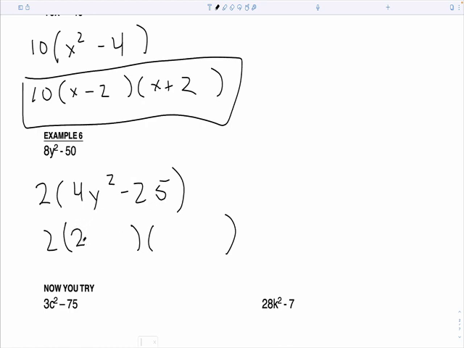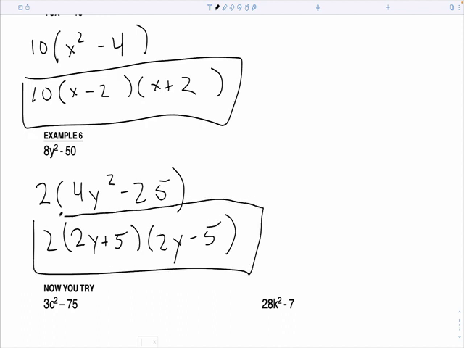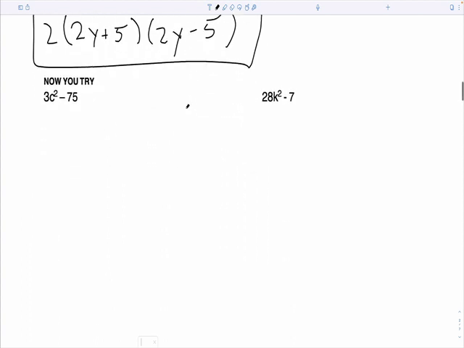Sarah? 2y goes into first, and the last term needs to be what, Andrew? What times what is 25? Are they both positive, both negative, or are they switched? They're different. Good. Why are they different, Andrew? No middle term, they need to be different signs. Last two, you try in the next 30 seconds. Go.